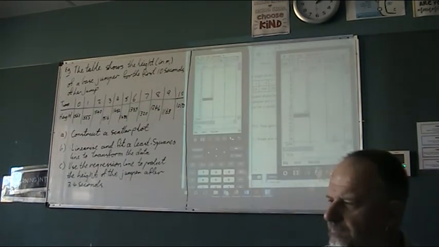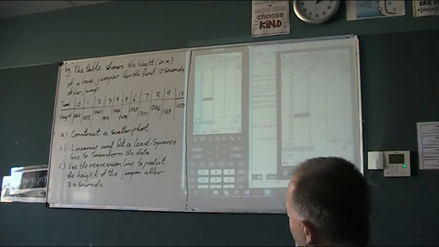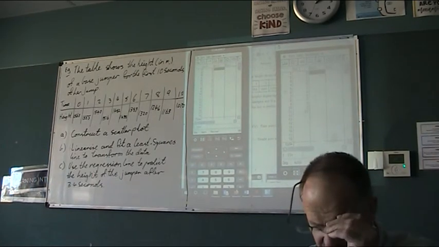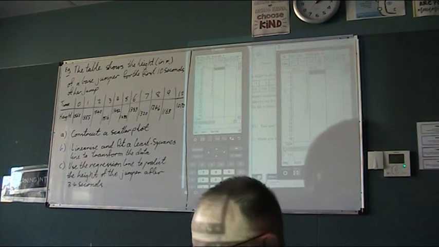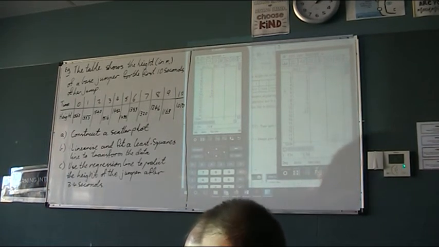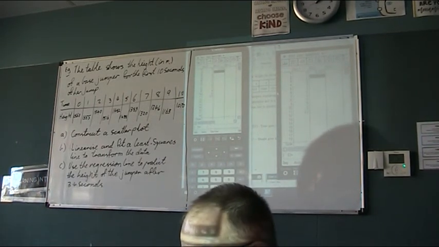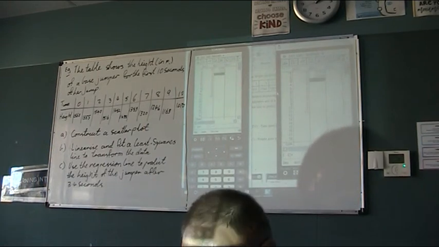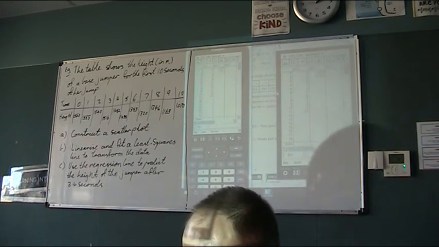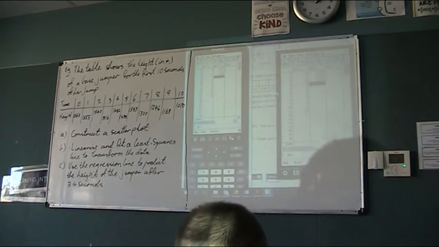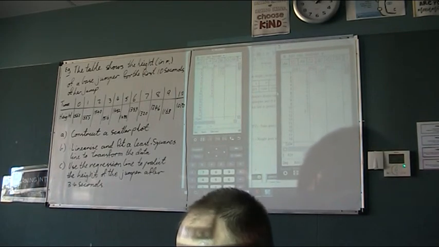All right, so we're using our calculator. You can see I've already put the time there. Now I need to put the heights. Then list 1 and list 2 again.